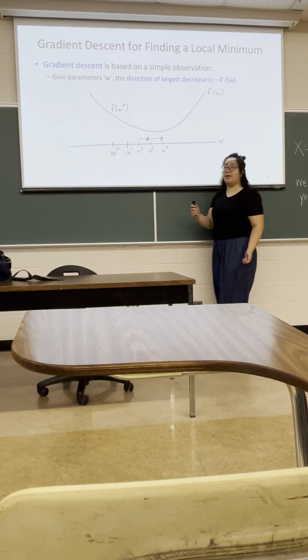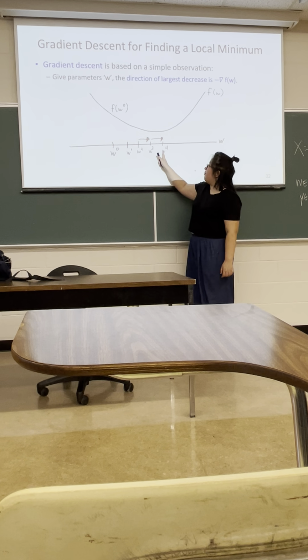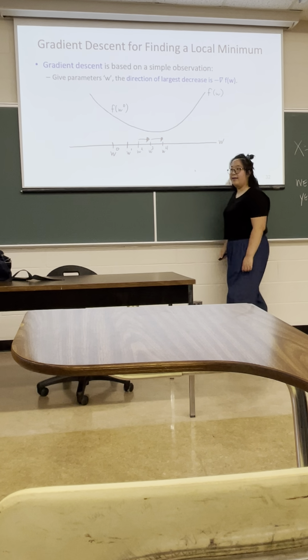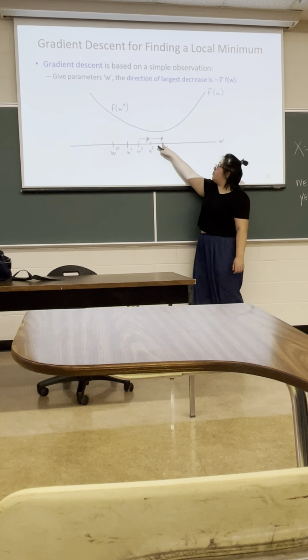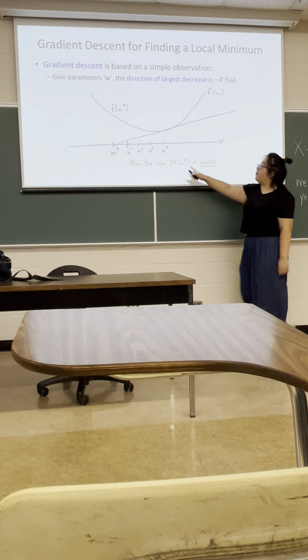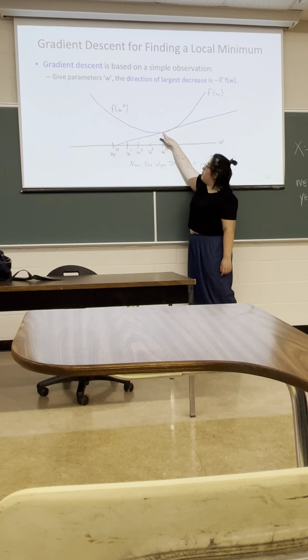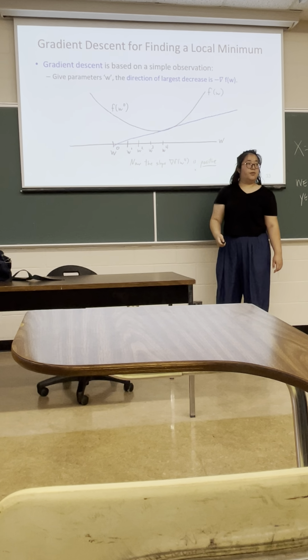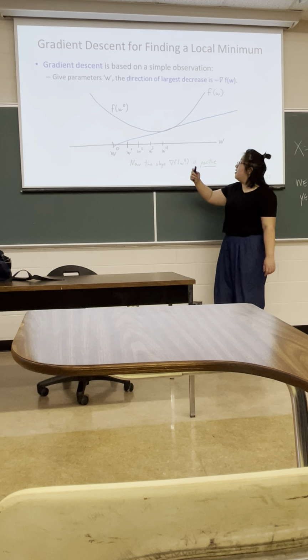In some cases, for example at your fourth step, you will go over this minimizer. Then again, you always need to check the derivative at this point. If you draw the tangent line at W4, this time you find that the direction of the derivative or the tangent line has changed.